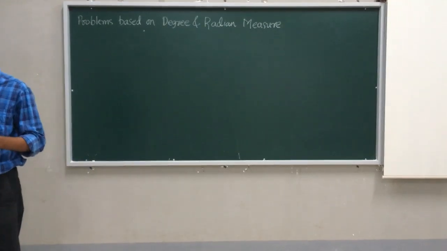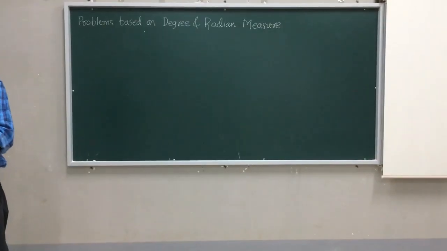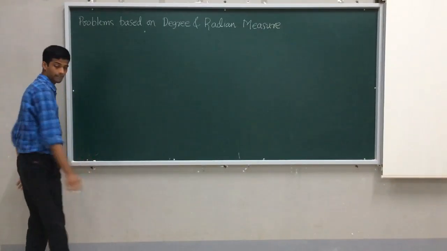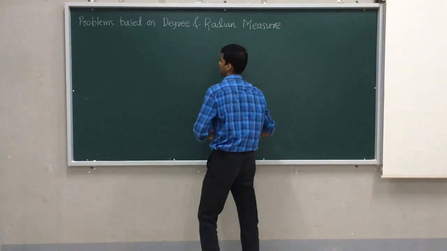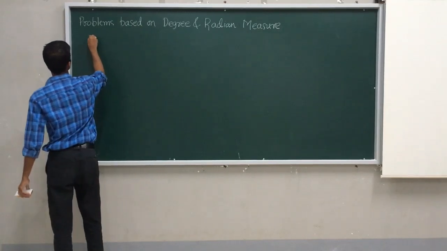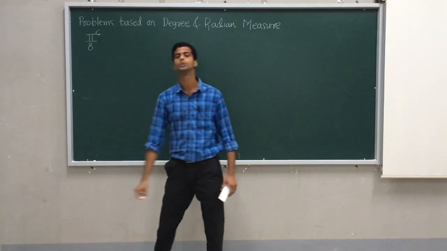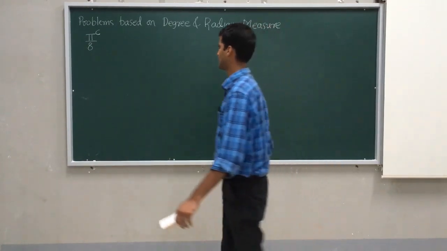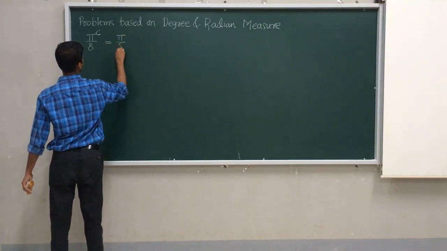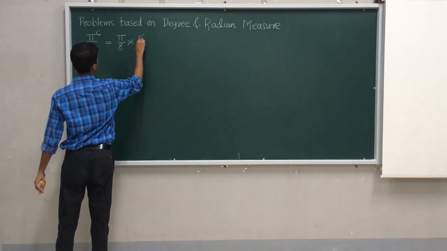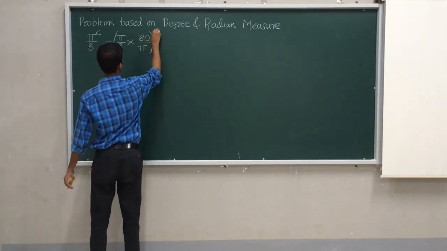Okay, so let me take very interesting problems from now onwards. Pi by 8 radian. They expect you to convert it to a degree measure. So what will I do? You write it as pi by 8 into 180 by pi, degrees.